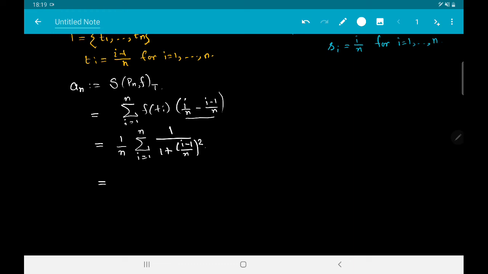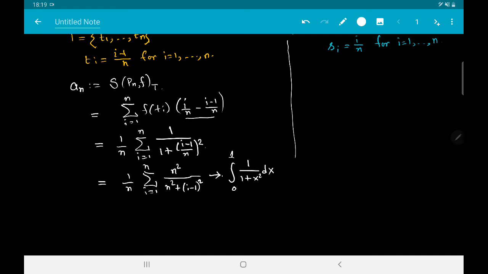If we simplify, this will turn out to be 1 by n times the summation i equal to 1 to n of n squared divided by n squared plus (i minus 1) whole squared. And we know that this sequence converges to the integral from 0 to 1 of 1 by 1 plus x squared dx, as we have seen in our theoretical result.